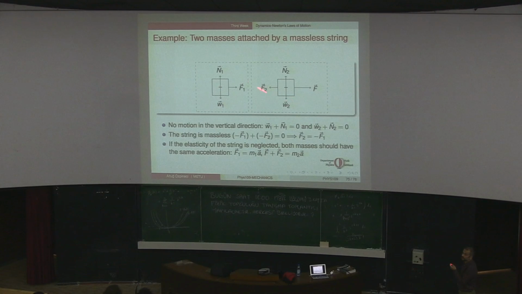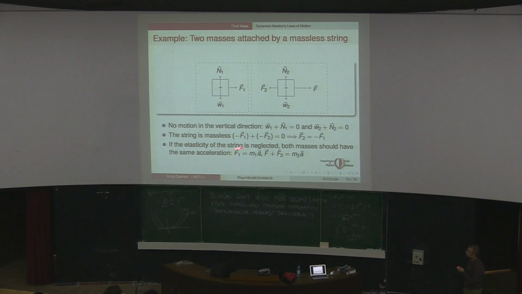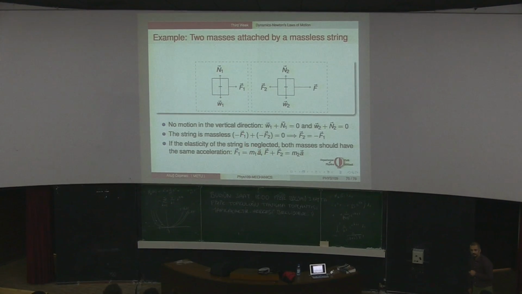Well, the net horizontal force on this first mass is just F1. This is also the net force acting on the first mass because these two cancel each other. So F1 should be equal to m1 times A, being the acceleration of this one.